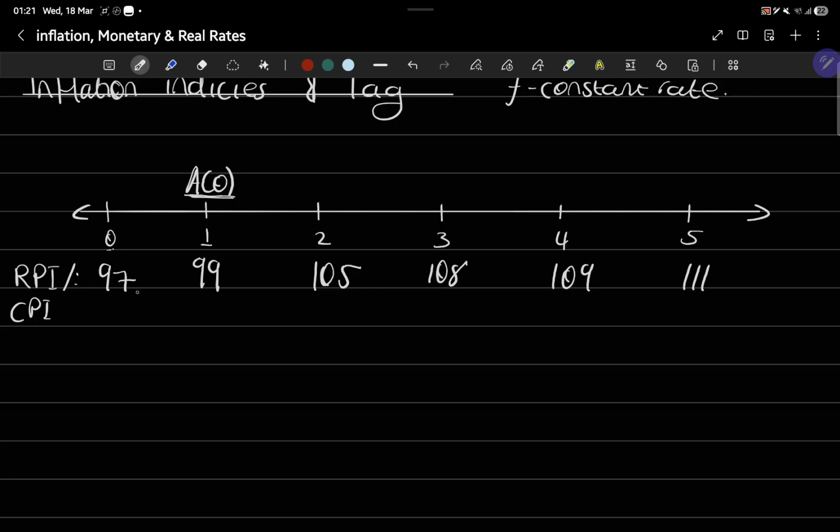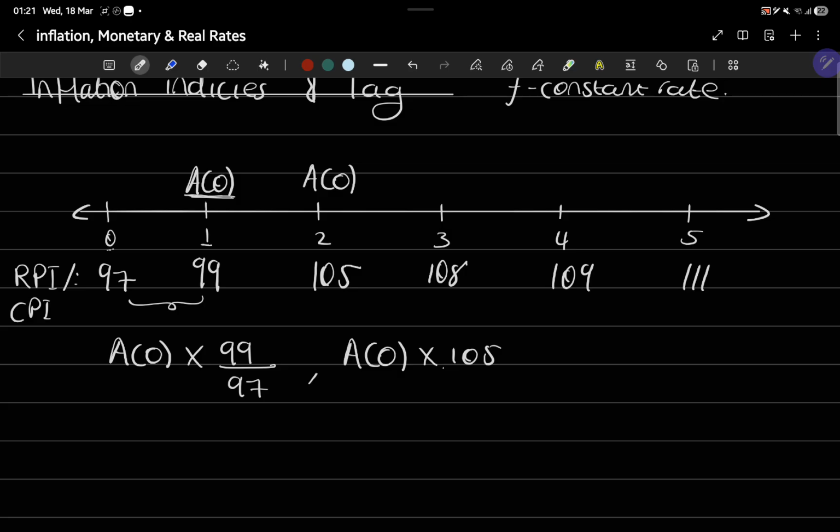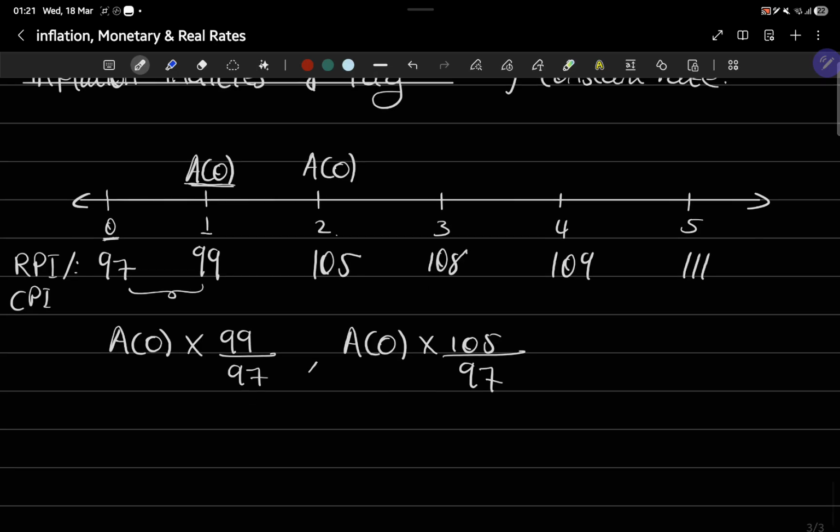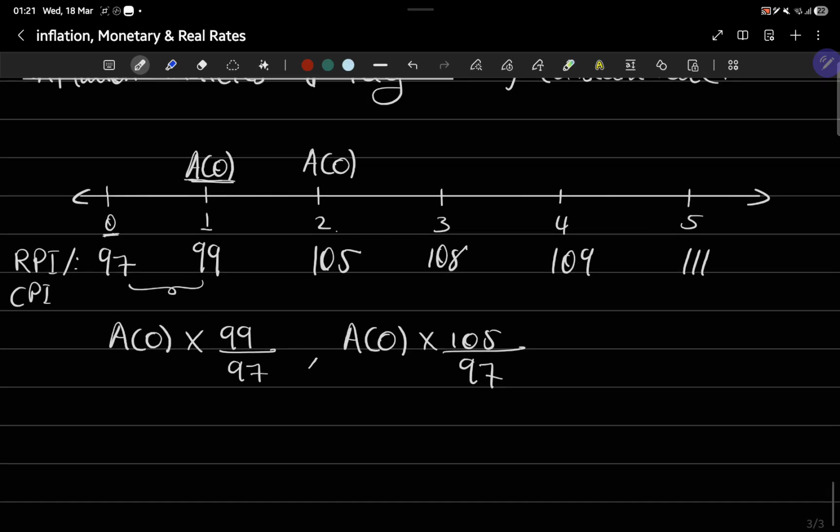In other words, how would you account for the growth of inflation on this value? Well, you'd say A0 times 99 over 97. And if it was here at time 2, you'd say A0 times 105 over 97, because this is still in terms of time 0 money and you want to change it to time 2 money. So that's how inflation indexing works, how you account for growth using the indices.